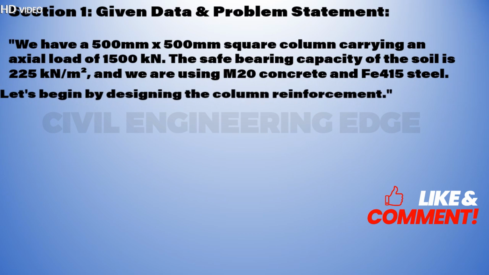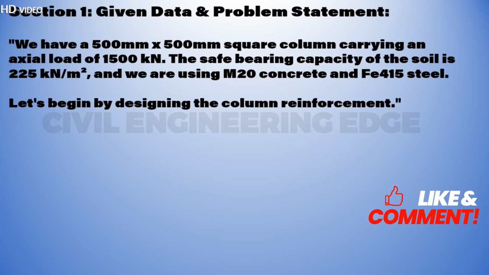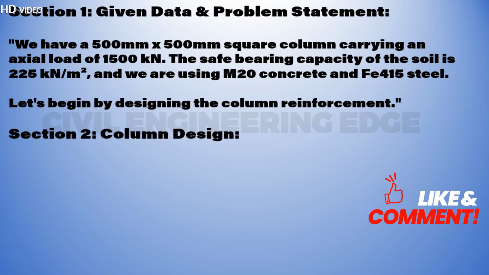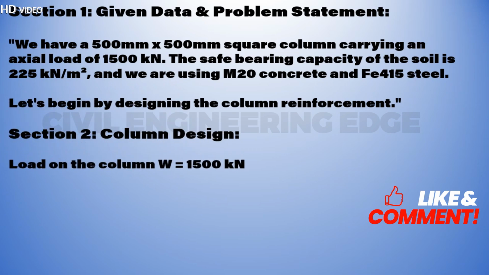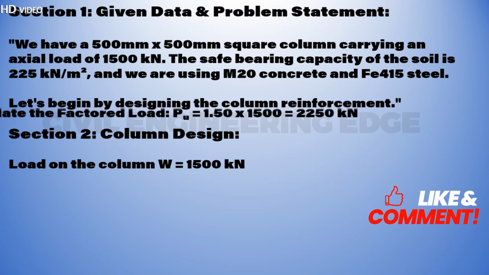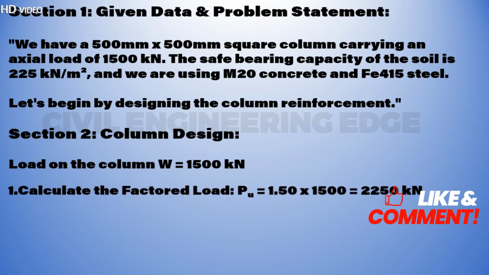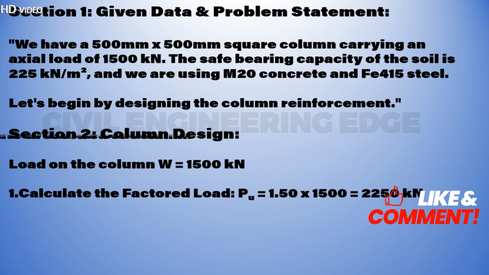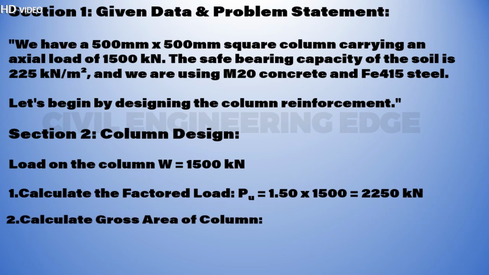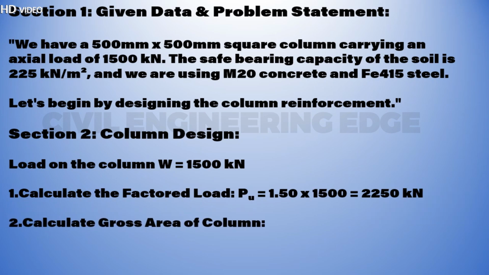3. Calculate required steel area Asc. Area of concrete equals Ac equals 250,000 minus Asc square millimeter. Ultimate load Pu equals 0.4 fck Ac plus 0.67 fy Asc equals 2,250 into 10^3 Newton. 0.40 into 20 into (250,000 minus Asc) plus 0.67 into 415 Asc equals 2,250 into 10^3 Newton.